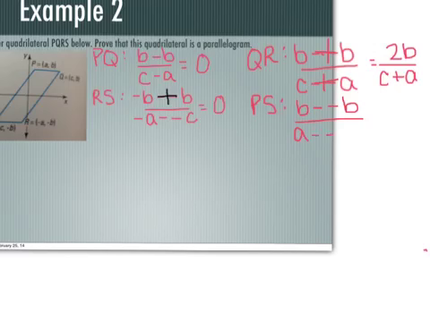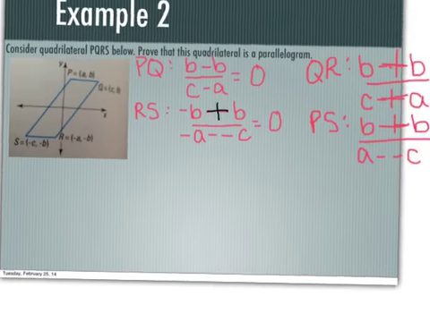Is that right? I can't see my picture. Again, B minus negative B is going to become 2B. A minus negative C is going to become A plus C. So are these two things really the same? Yeah, because C plus A on the bottom is the same as A plus C.